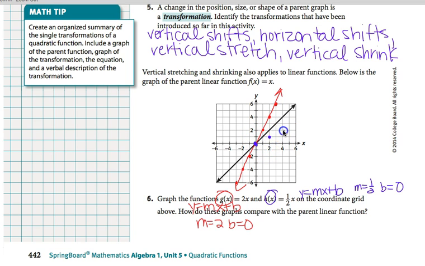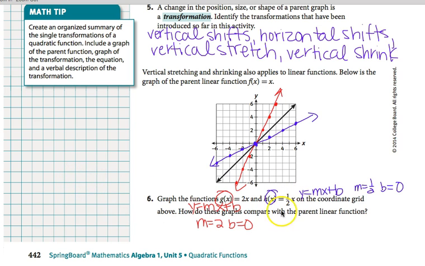Up 1, right 2, or down 1, left 2, down 1, left 2. So now I want to connect those. And we have graphed both of our transformations.